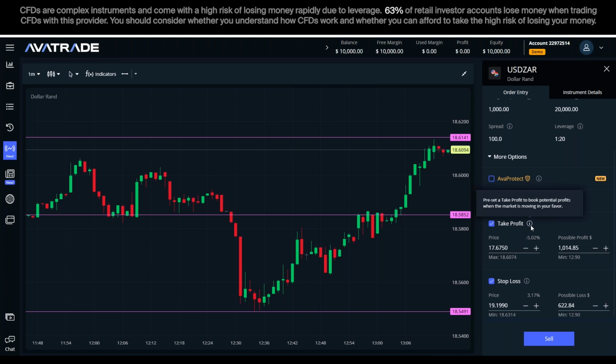So you can see take profit: preset take profit to book potential profits when the market is moving in your favor. But how will I know how to place the take profit? And also I have stop loss here. What's stop loss? Preset the stop loss order to minimize losses when the market is moving against you.